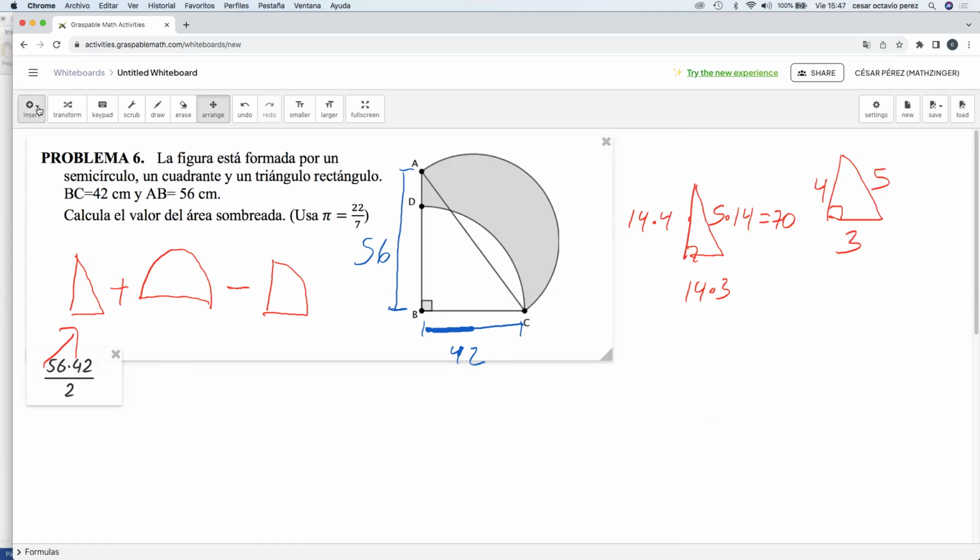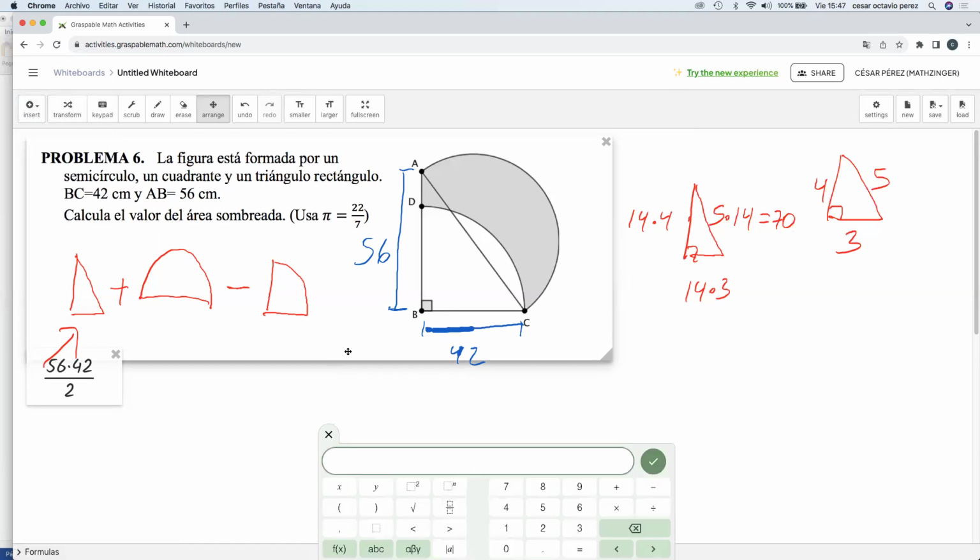So the semicircle will be pi. What is pi? Okay, here we are saying that we are going to use 22 divided by 7.